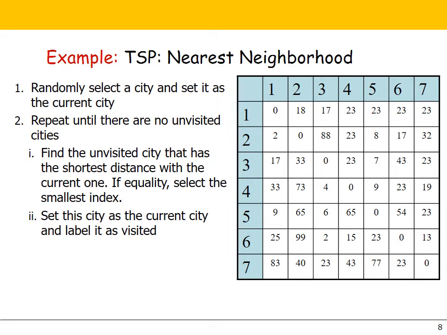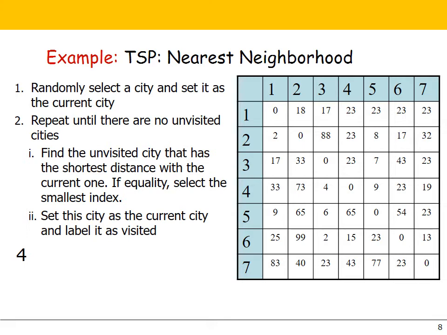So let's solve this problem using this algorithm, a very simple algorithm. We will start with one of the cities randomly. And let's assume that we are starting with city 4, okay, randomly. Then what do we have?